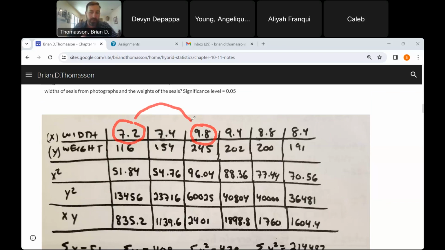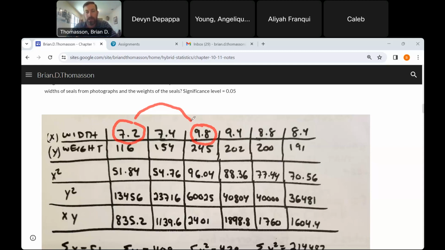And if you go out a little bit, you're probably okay. If we put a seal with a width of 7, you're probably fine. Seal width of 10.1, probably fine. But we're trying to go way outside that range by plugging 2 into it. The reason we're getting nonsense out is because we built this model on adult seals, widths of 7.2 to 9.8, and we're trying to put a baby seal into that model.